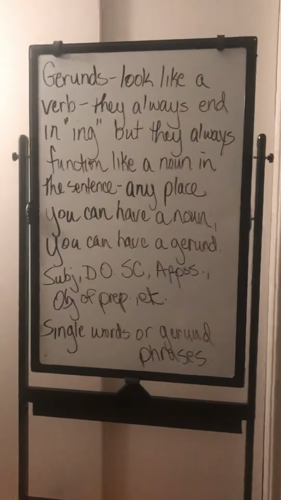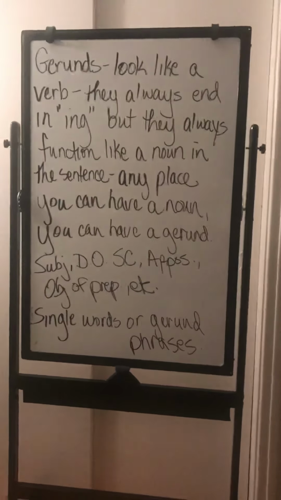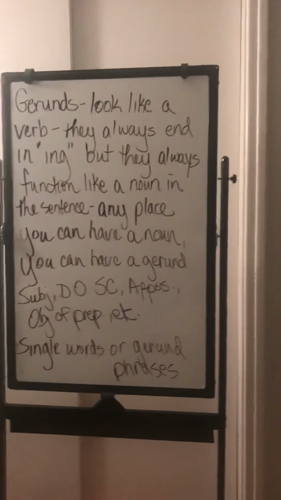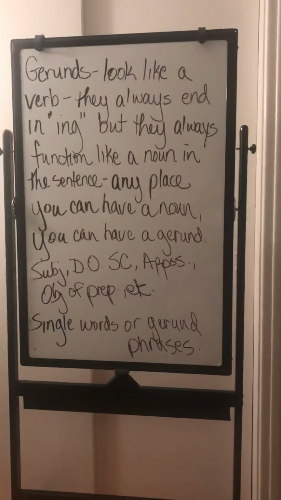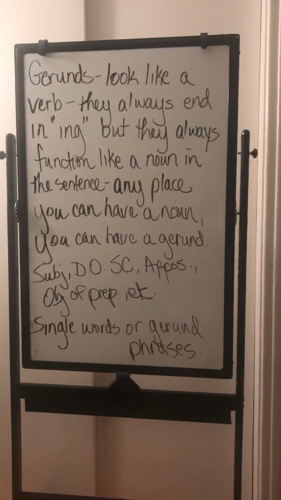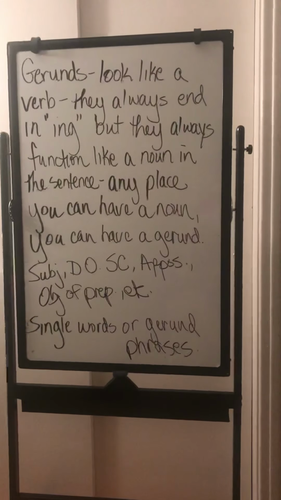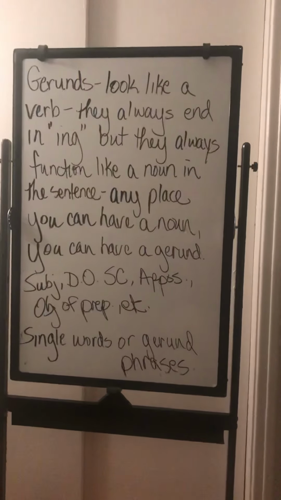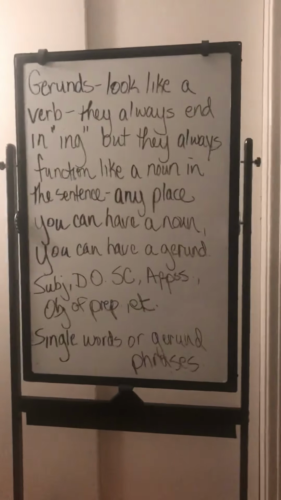So you take a word like running, and instead of using it to describe water, like running water, or using it as a verb, the girl was running down the street, you're going to use it now as an entity. And so you're referring to it as a noun. So you would say, running is my favorite sport, or running is good exercise, where you're actually talking about the act of running, which is a noun.